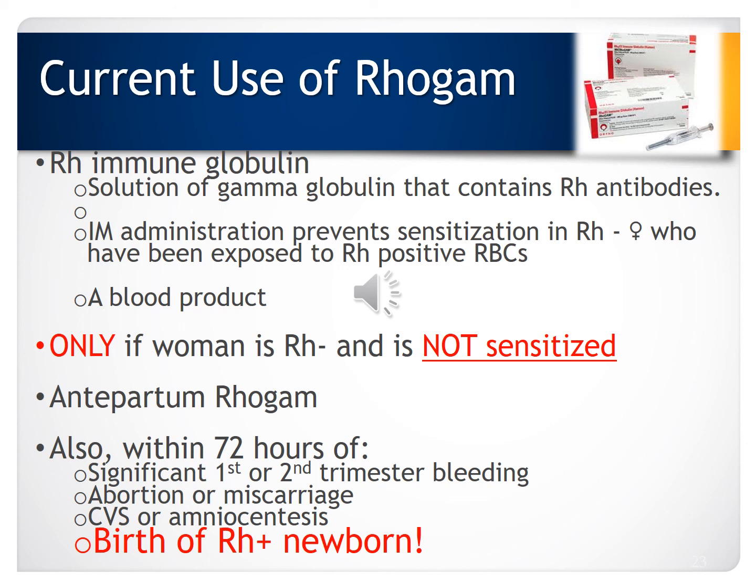And then we talked about other times where Rhogam would be administered if a woman had a miscarriage or an elective abortion and she's Rh negative. We want to give her Rhogam after any invasive procedure, chorionic villus sampling, or amniocentesis.